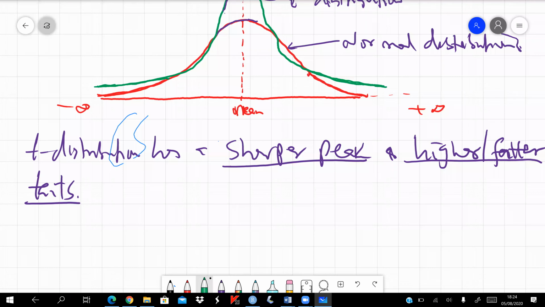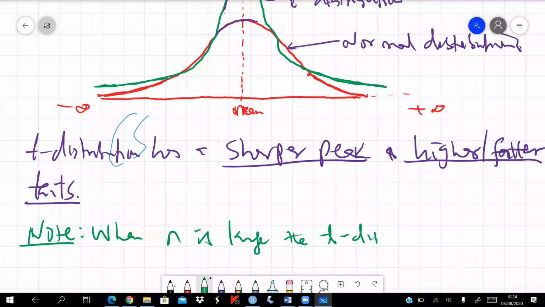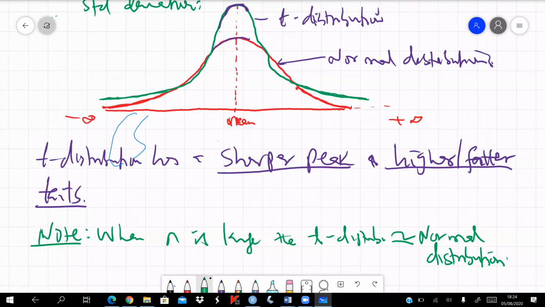So I want us to note that when n is large, the t distribution is approximately equal to the normal distribution. So when you pick a large sample, the second statement here becomes true.